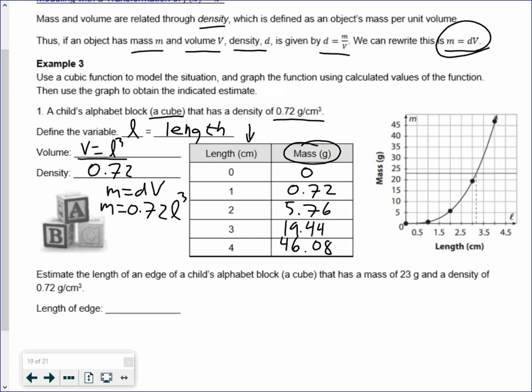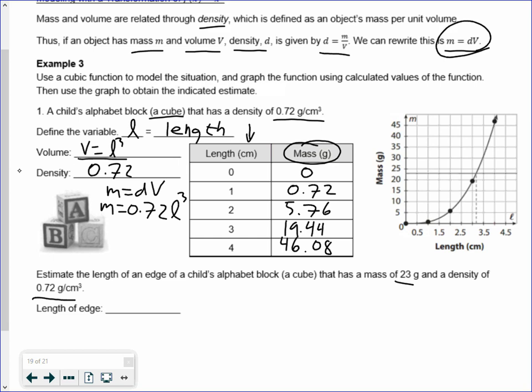And they actually graph this function for us on the right. Now what we're going to do is estimate the length of an edge of a child's alphabet block. It's just a way to say what's the length of the object that has a mass of 23 and a density of 0.72. That last line about the density of 0.72 is just to let you know that we're using the chart and the graph we just solved for. So it's really just asking what's the length when your mass is 23.